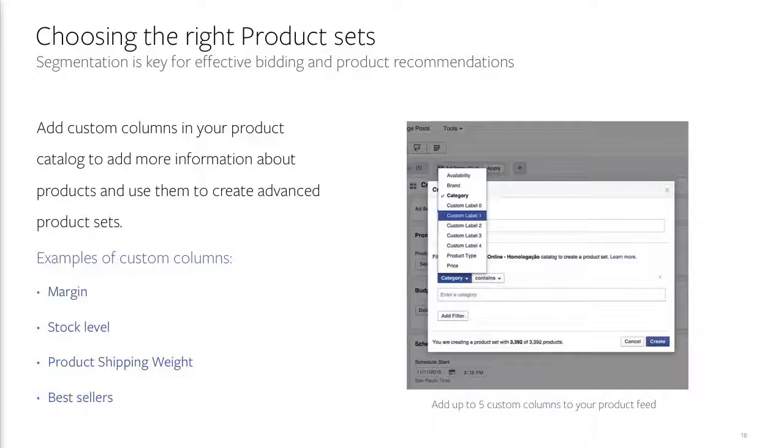Using the additional custom columns inside of your product catalog, you can create advanced product sets that allow you to further optimize performance with information that is separate from the default information included in the product catalog.